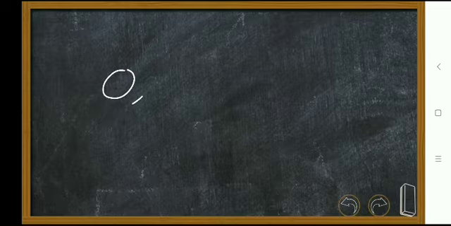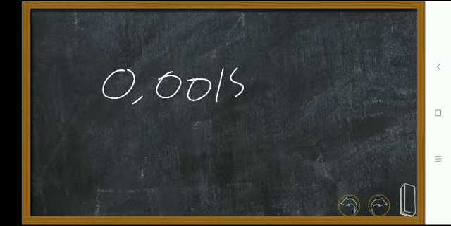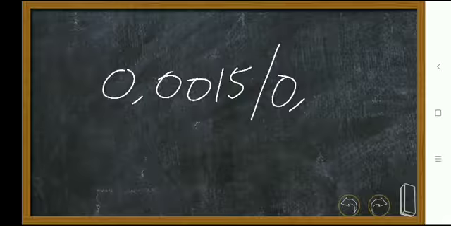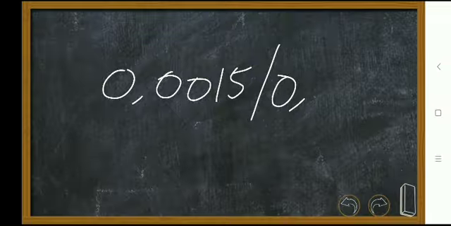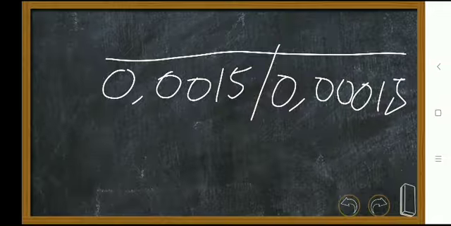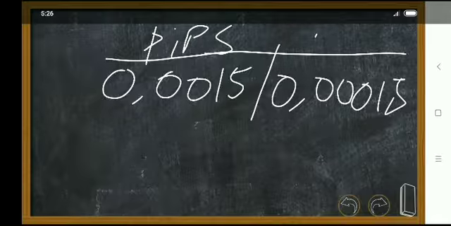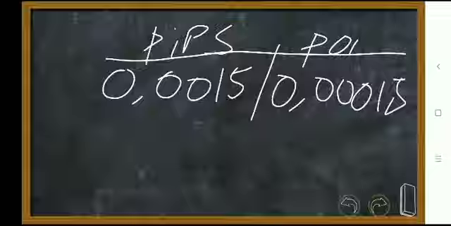So let's step things up a notch. Those are 15 pips, and those are 15 points. Do this in a table format: pips, points.